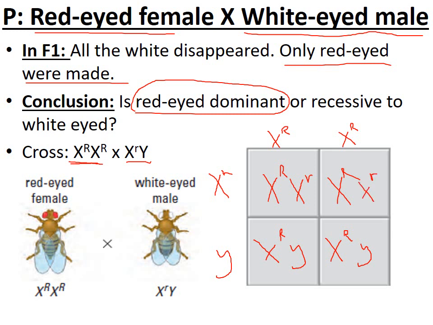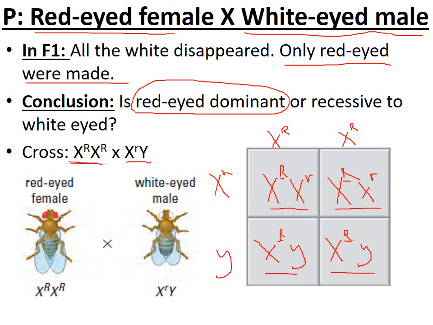So you can see we have the big R everywhere. So all are red, 100% red. And you can also see you have 50% female, 2 XX individuals, 2 XY individuals. So we have 50% female, 50% male, but they're all red-eyed individuals.